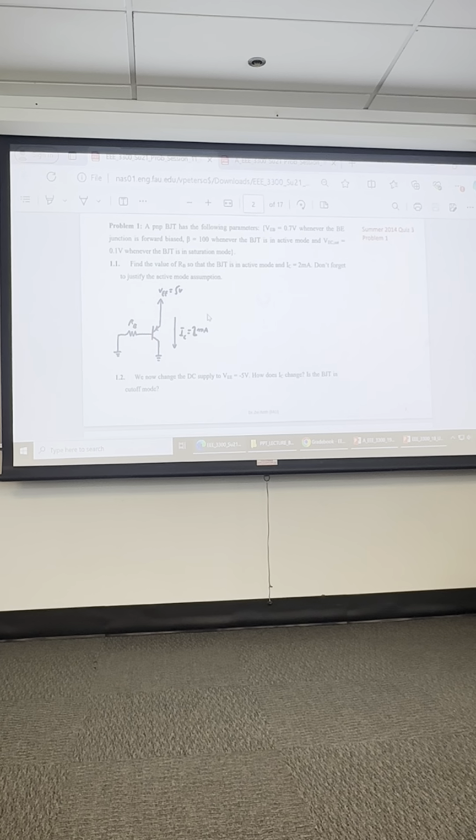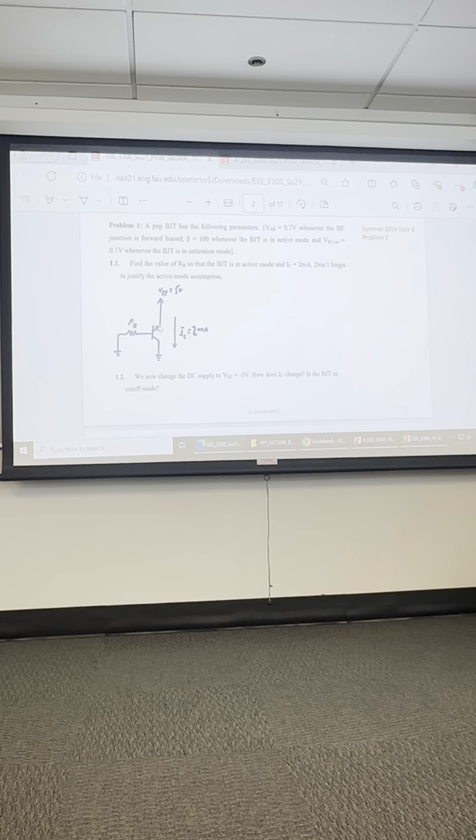So what's the voltage at the base here? The voltage is 4.3. Right, so the emitter-base of the PNP is 0.7. So the base would be 5 volts minus 0.7, 4.3.